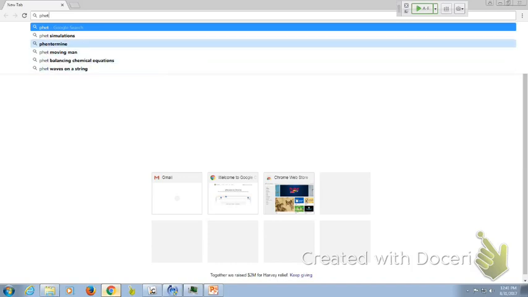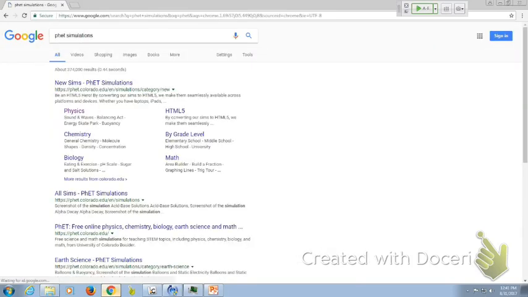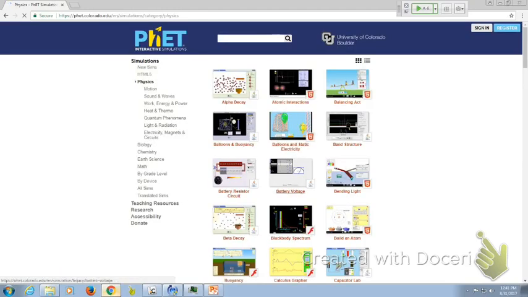Basically, PHET simulations are done by the University of Colorado. There's chemistry, biology, math, and there's also physics simulations. If you get your physics simulations and look down this list, there's motion, sound, work and energy, heat and thermal, quantum phenomena, and the like.